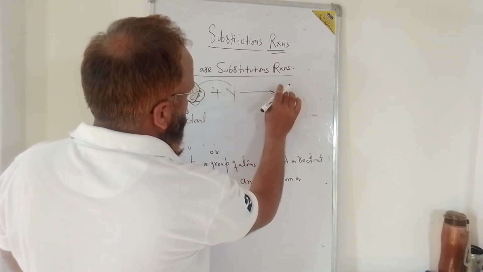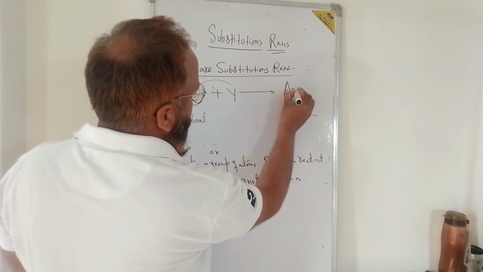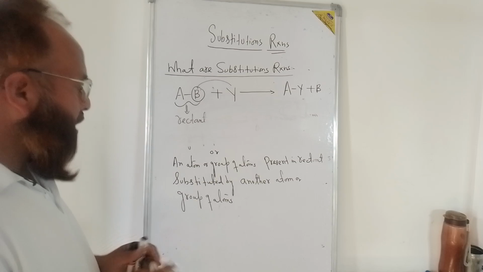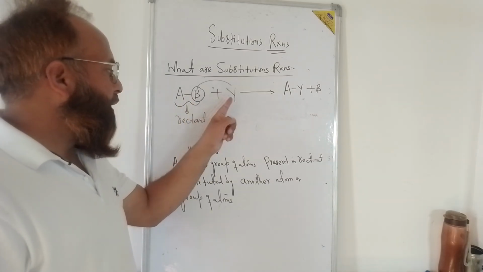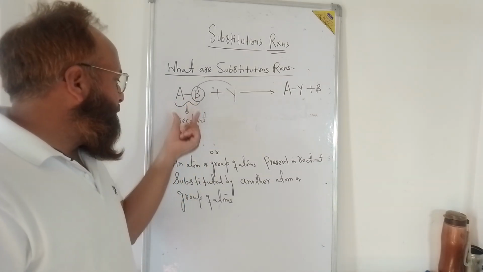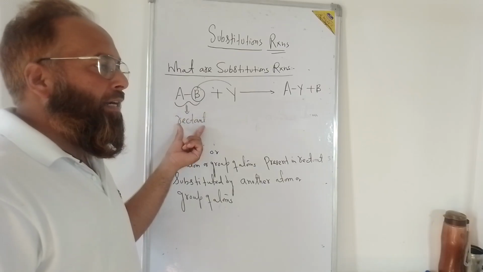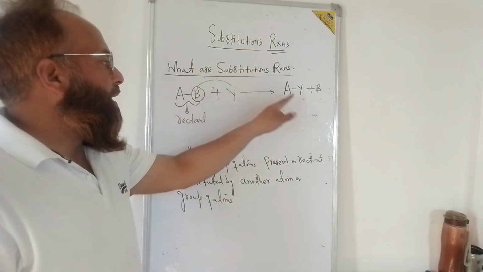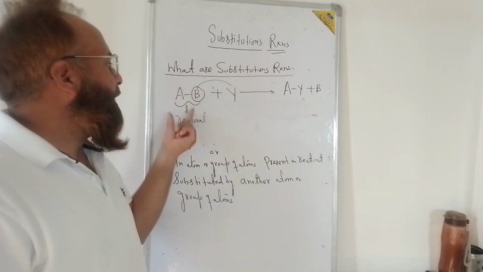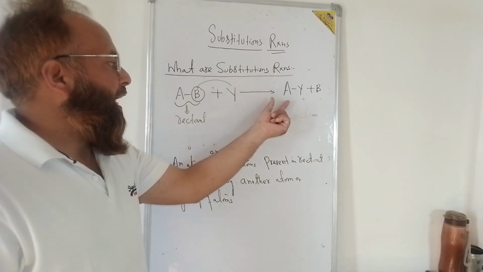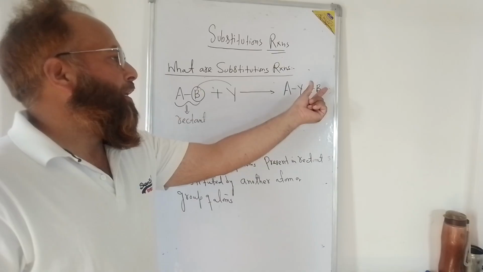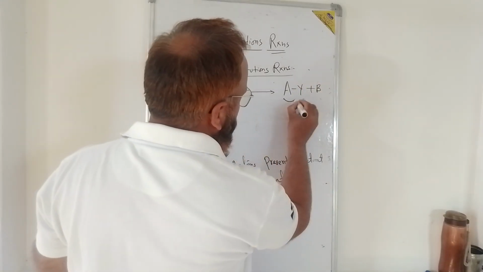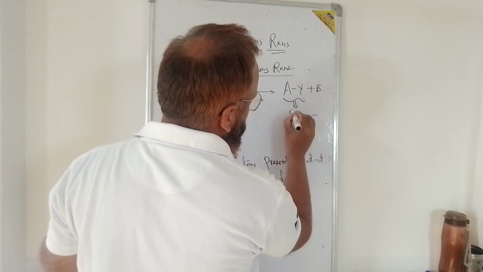So here we have a product, AY, plus B. In the substrate, B was present, but when AB, the substrate or reactant, combines with Y, Y comes in the place of B, and we get the product AY.